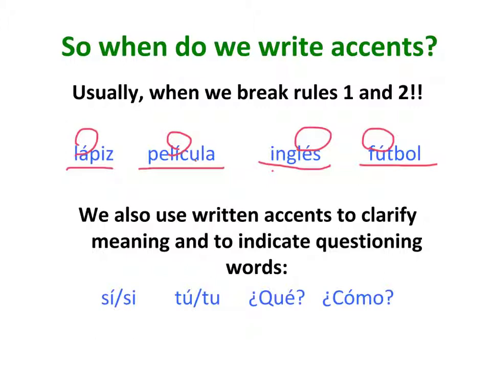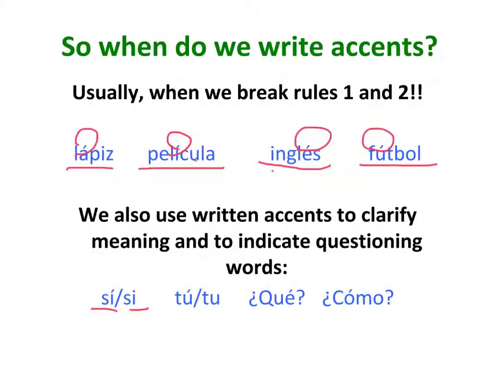There are a few other times when we write in accent marks in Spanish. The most important time for you to think of is when we use written accents to clarify meaning and to indicate questioning words. And maybe you've encountered these already. I actually hope that you have, noting the difference between sí and si. They're pronounced the same way because there's only one syllable there to stress. But sí with an accent means yes.